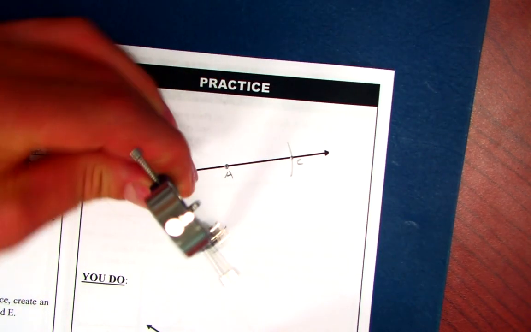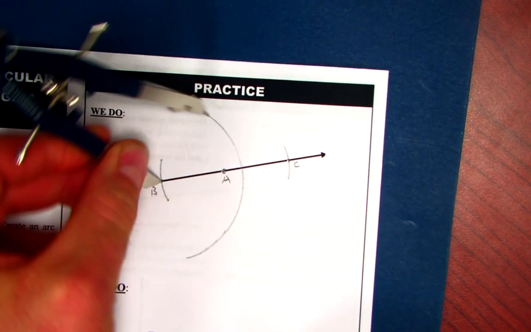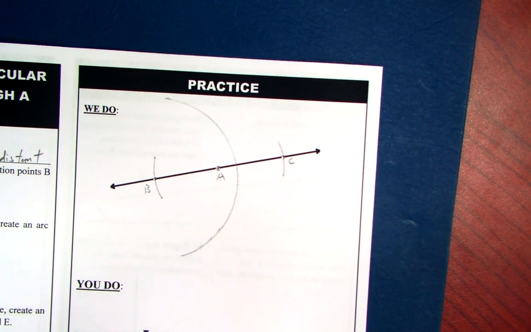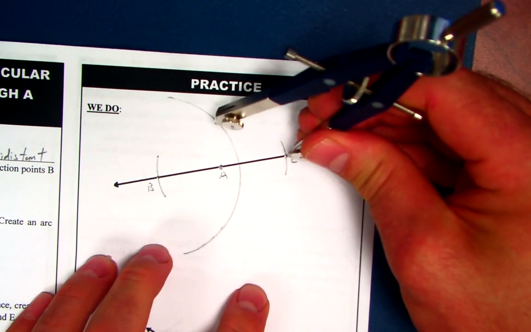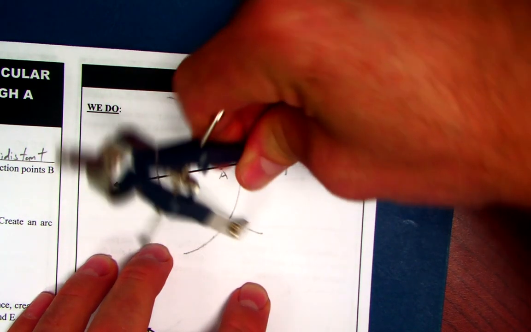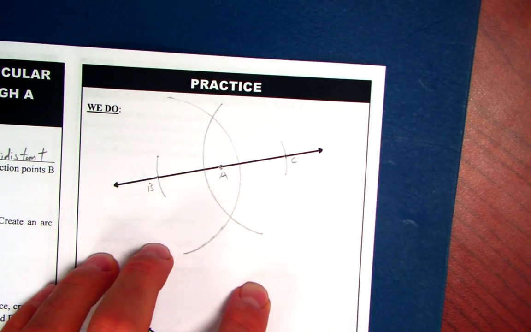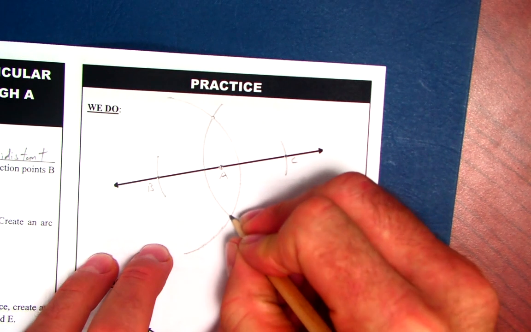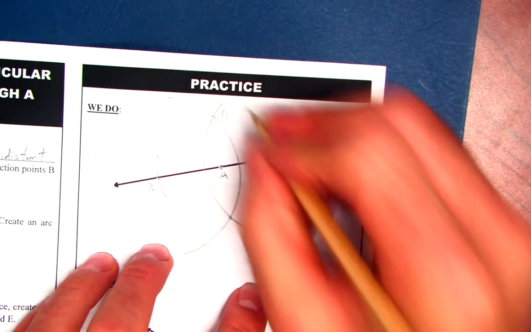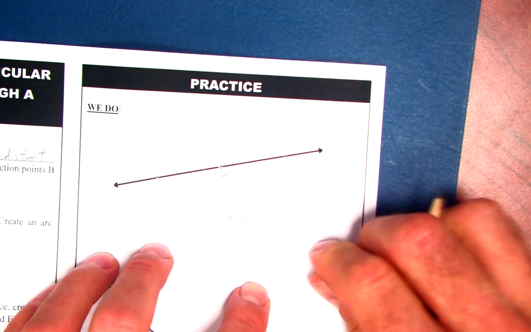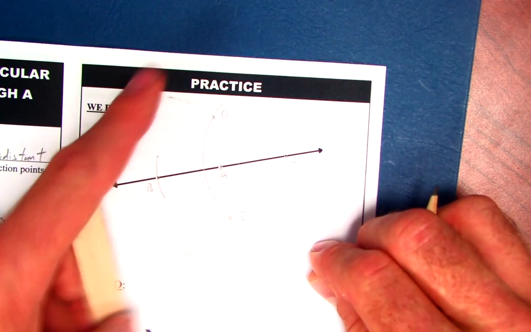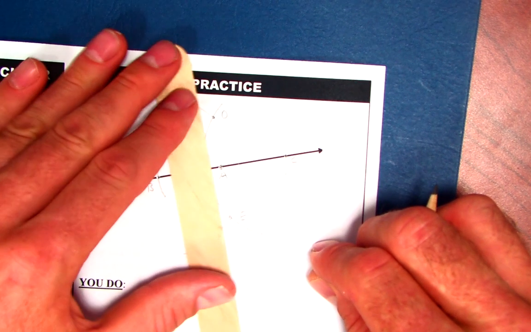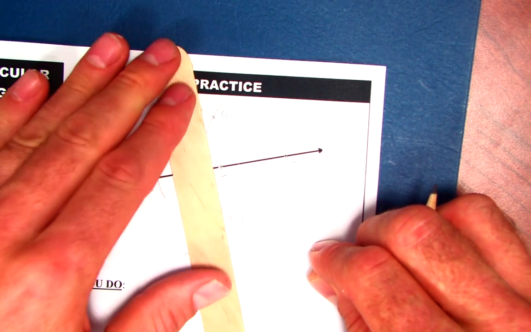Extend your compass to be more than half the distance and create an arc. Move it to the other endpoint and create an arc. Okay, we just created 2 new points, so we'll label those D and E. And the line through D and E is the perpendicular bisector of our line through A.